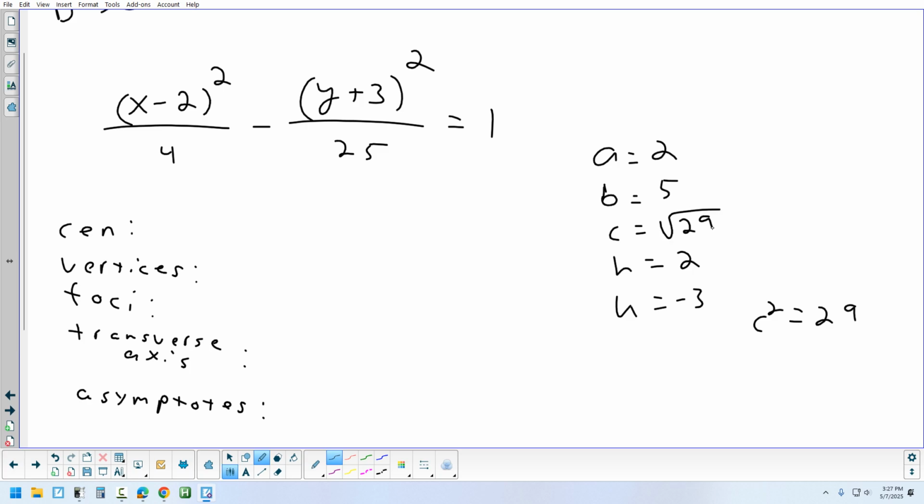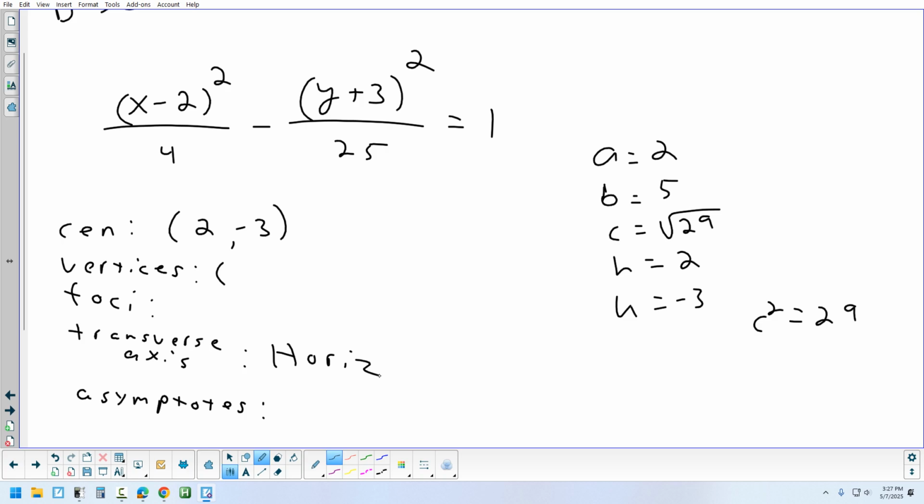Okay, so now we've got everything we need. Let's write it out. What are the coordinates of your center? 2, negative 3. Yeah. Okay, let's do the transverse axis next. This is horizontal.